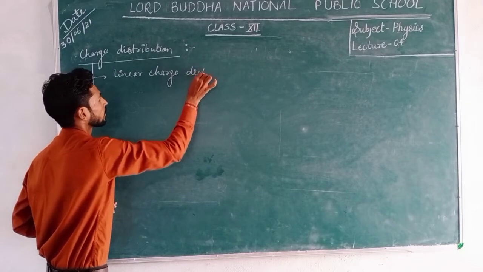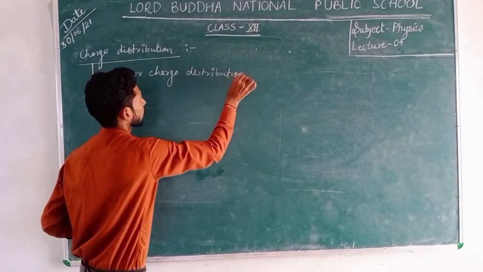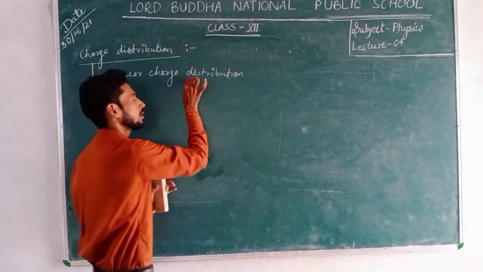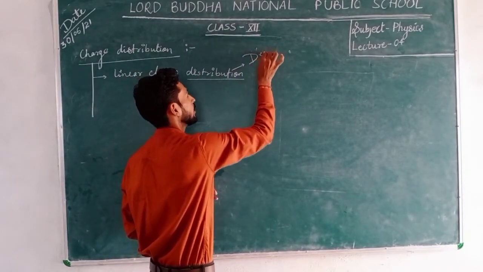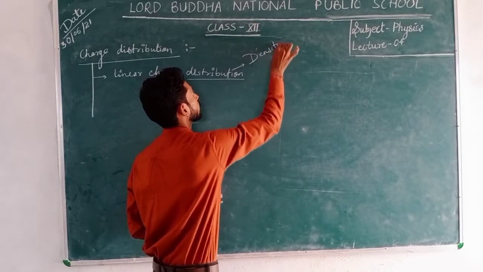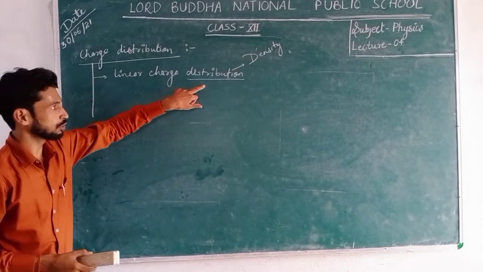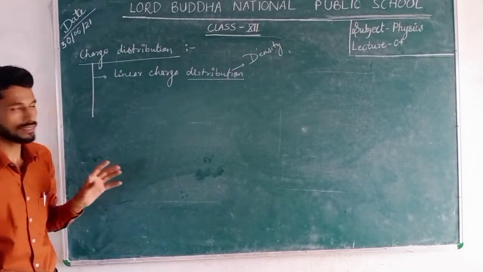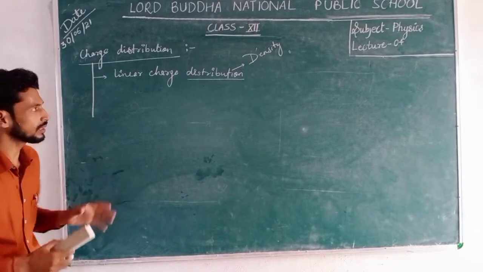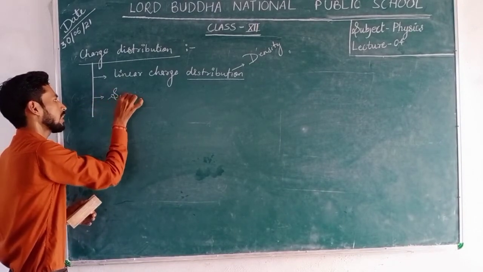In the NCERT book, this term is denoted by density. So in the topic linear charge distribution, or we can say linear charge density, both terms are the same in meaning. Next is surface charge distribution.